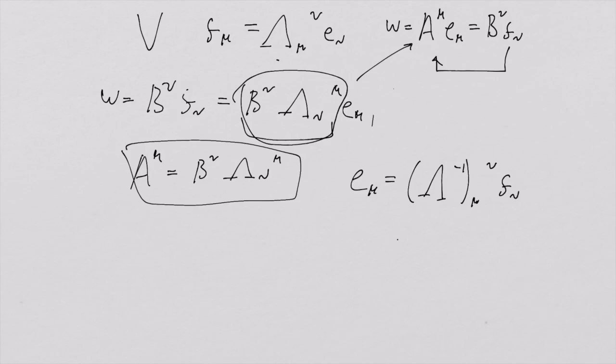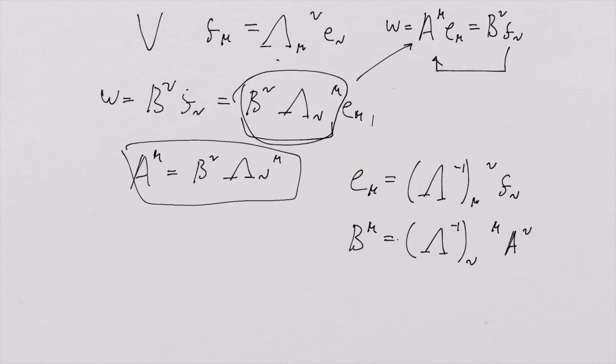And if I did this, I would likewise discover that B mu equals the inverse matrix nu mu A nu, like that. And so I've now shown how everything transforms.